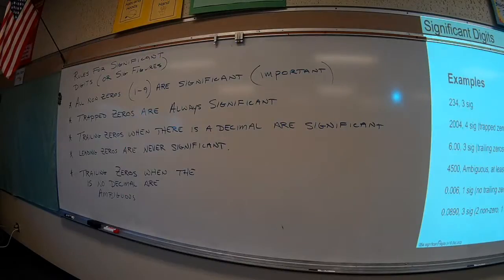Because I don't know about my measuring device. Could my measuring device have gone 4510? I don't know. Could it have gone 4511? I don't know. Maybe it could only do 4500 or 4600 or 4400. It's like a scale that measures trucks. When I put a big truck on it, it says 4500; a little truck, it says 4400.